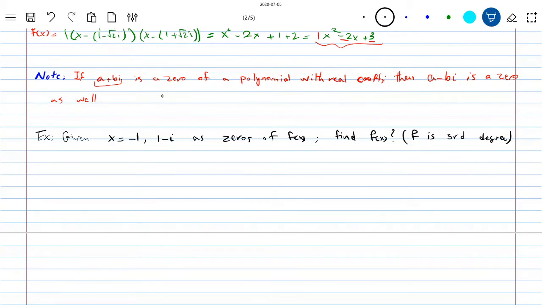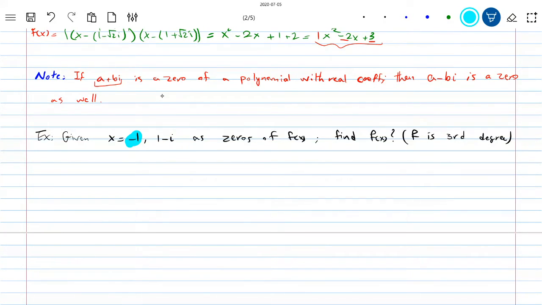If I tell you that f is a second degree polynomial, then the product of x minus 1 and x minus 1 minus i, x minus 1 minus i, if you multiply, the coefficients would not be real-valued. So at least I need a third degree polynomial.